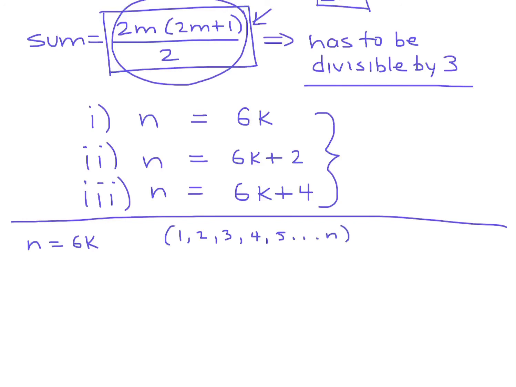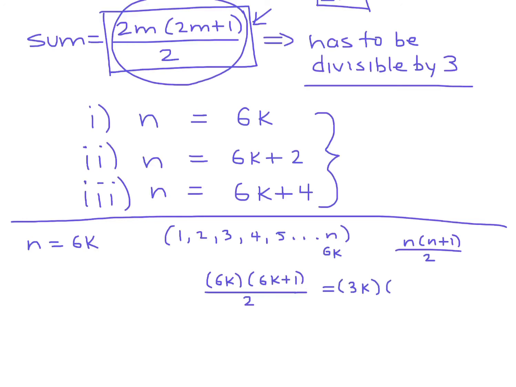Well, n is equal to 6k. So using our magical formula, n times n plus 1 over 2, that total sum basically becomes 6k times 6k plus 1 all over 2. Correct? Nothing fancy here so far, I hope. Now this, because it's divisible by 2, can be just written as 3k times 6k plus 1.